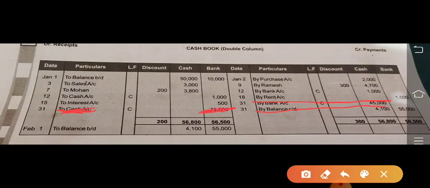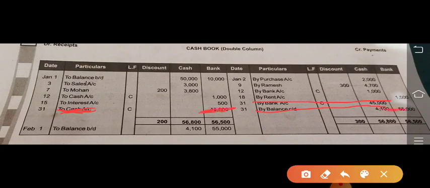Now what we are being told is that we have to deposit entire balance of cash to the bank, leaving rupees 4,100. Means you just have to keep 4,100 in your pocket. Rest of the amount need to be given to the bank.